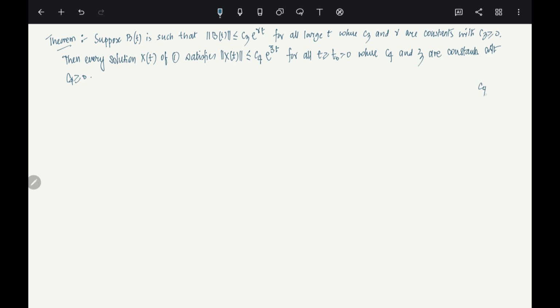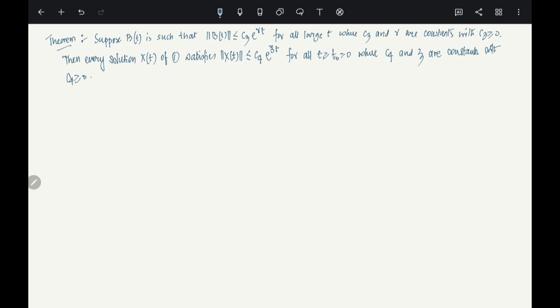If c4 equals 0, then the norm of x of t is dominated by 0, and since it is a norm, it has to equal 0, which implies x of t is 0. There is no other way. So 0 is the only solution, and we are in the homogeneous system case, just like what we talked about in the case of c3. So that is assumed.